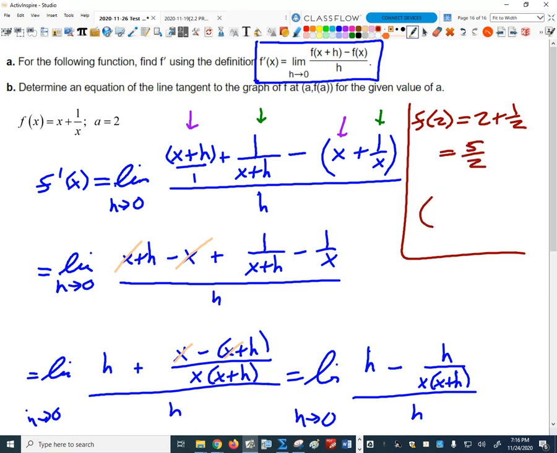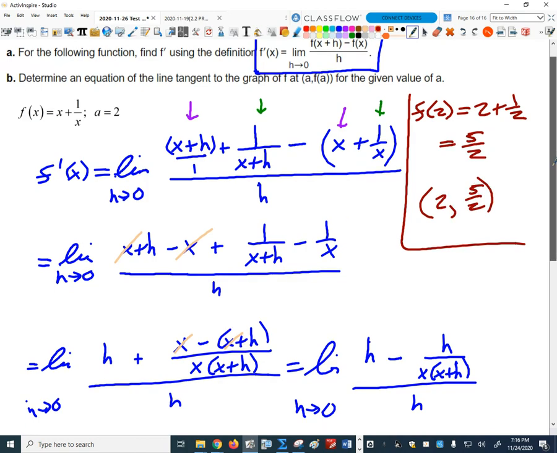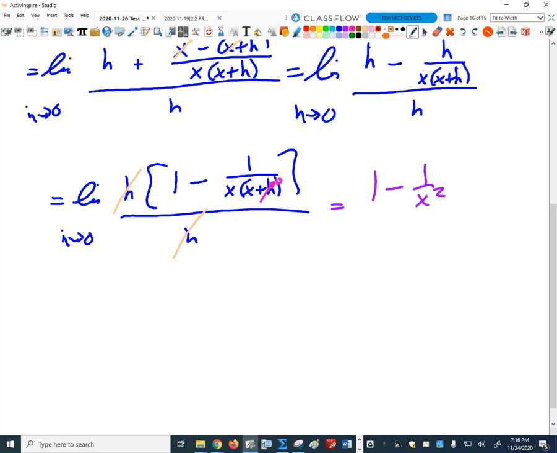So we have the point of tangency 2, 5 halves, and my slope of the tangent line is, we're going to evaluate the derivative here at 2.